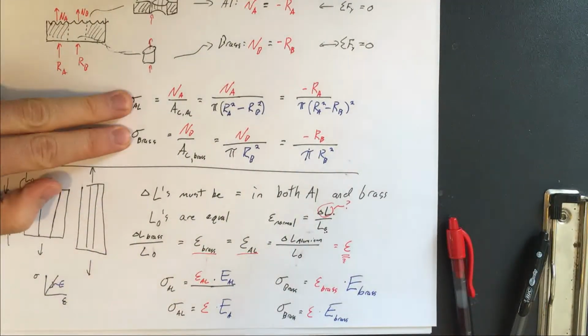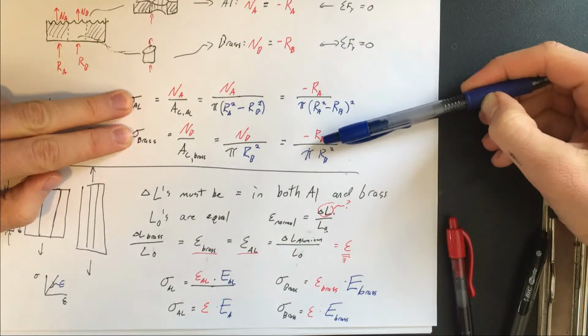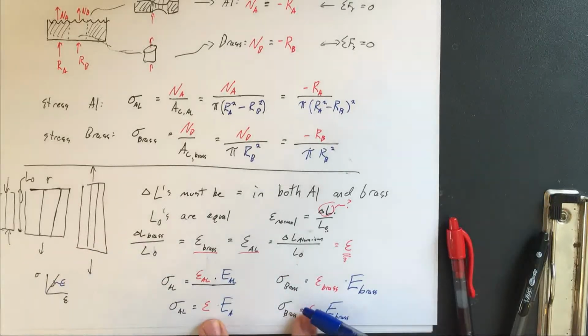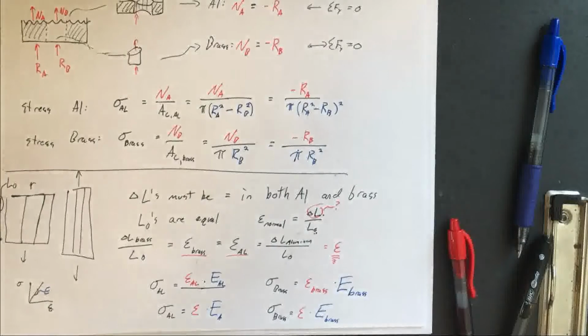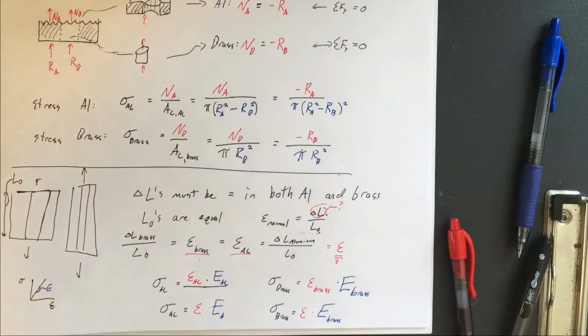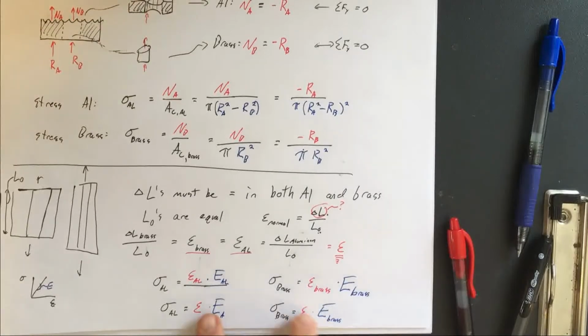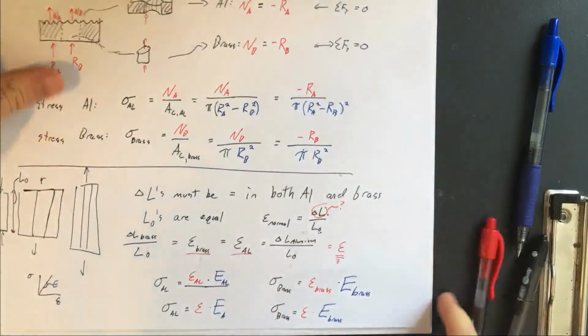Well, we basically have stresses over here that were put in terms of our reaction forces, and equations for stress here and here that are put in terms of strain. So this means we have a system of equations and unknowns that we can solve. So what am I going to do? I'm going to take these equations up here and put them over here.